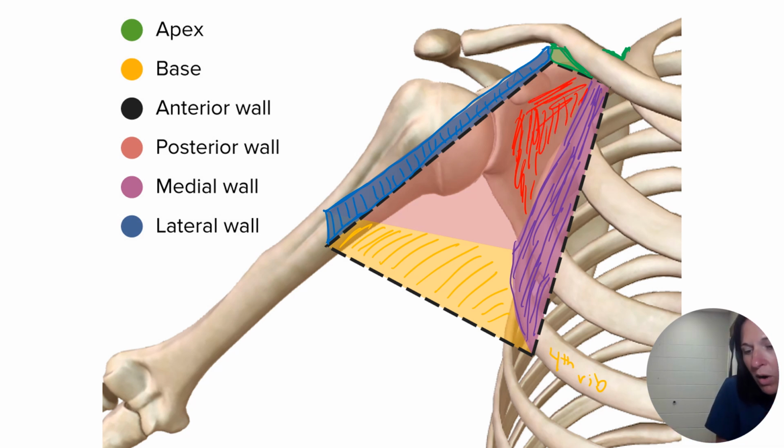But then recall we have these muscles coming from the back, going to the intertubercular groove or sulcus of the humerus. So latissimus dorsi and teres major.